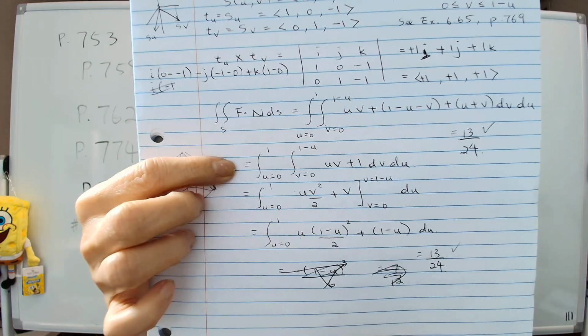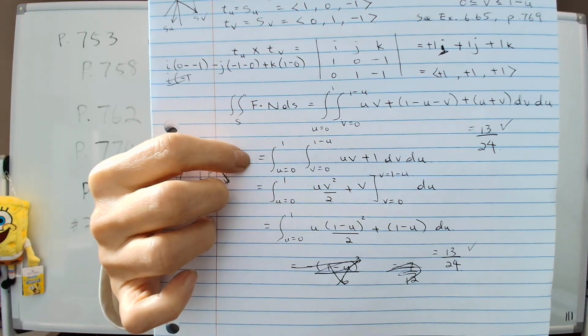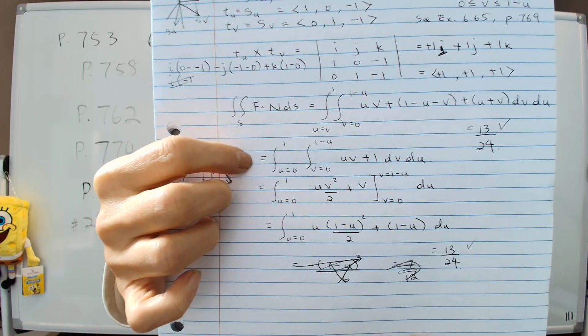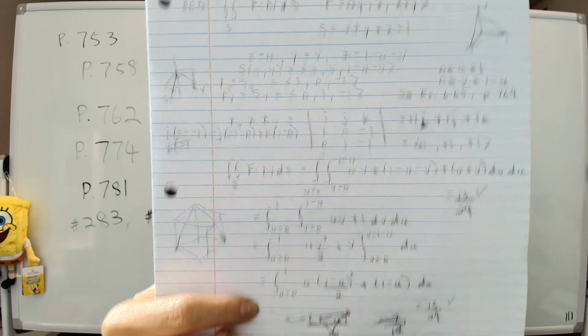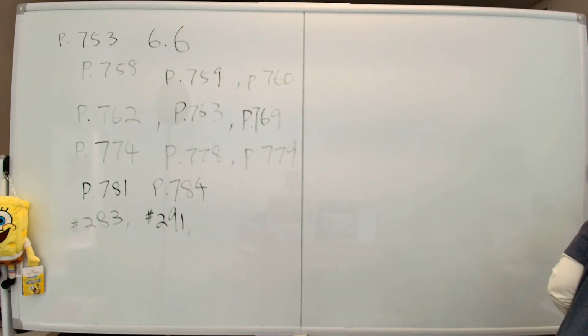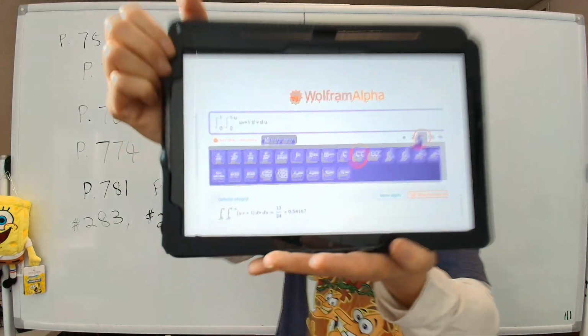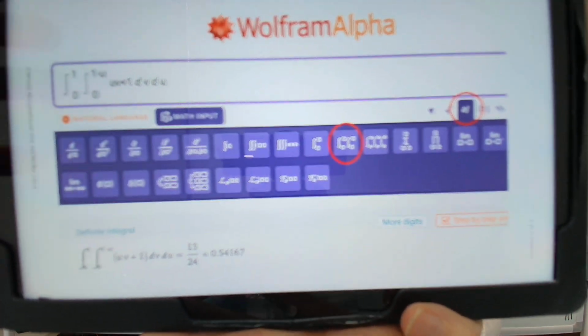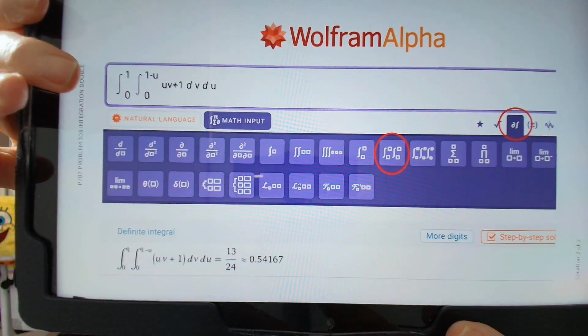See, here's our integral, which is uv plus 1. You integrate on the triangle like that. And so I did it by hand and came up with the answer, which is correct. But I also did this on the Wolfram integral calculator, which is very nice, and I want to show you because I've never done this before on this calculator. You notice we're doing a double integral.